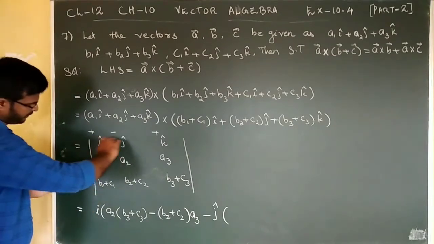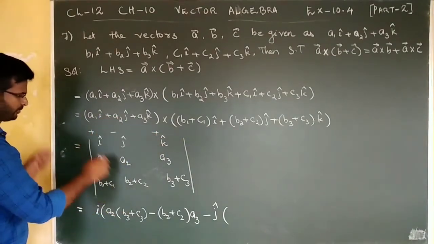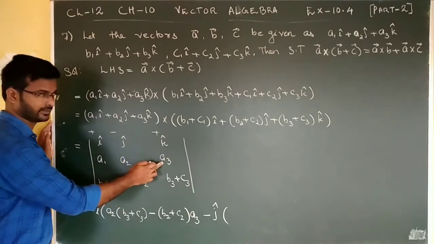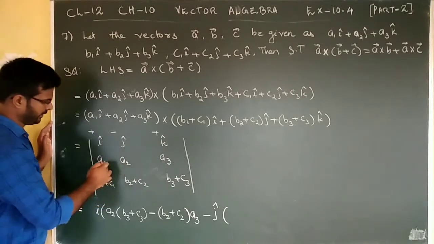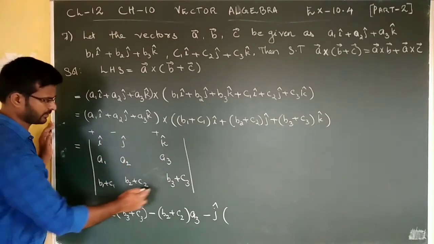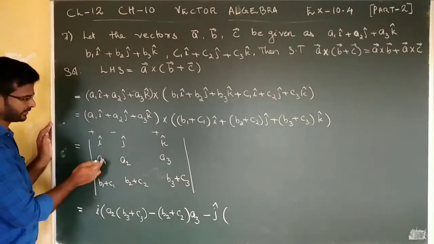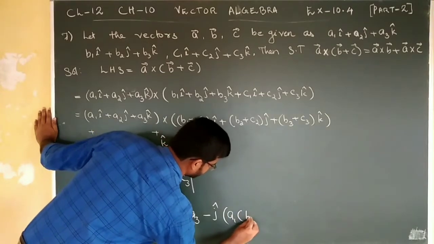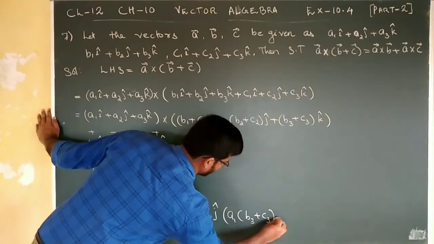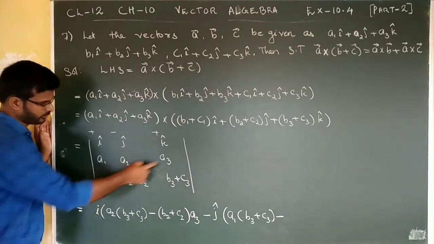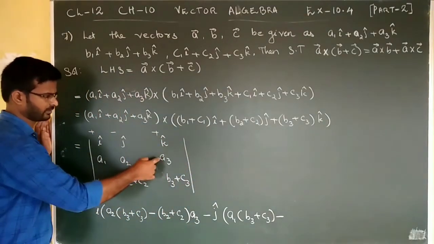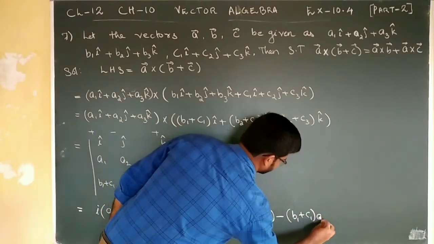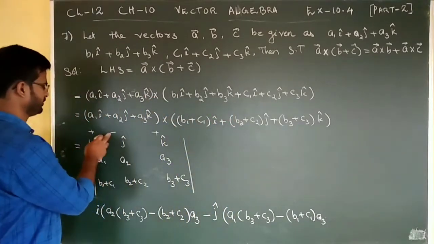Next, leave first row and second column, then remaining A1, A3, then B1 plus C1, then B3 plus C3. Take cross product, that is A1 into B3 plus C3, then commonly 1 minus this 2: B1 plus C1 into A3. Plus, minus, again plus.